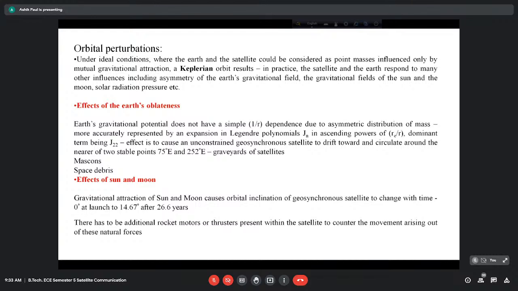Sometimes impact with them could be quite fatal for these satellites. So the energy source within the geosynchronous satellite gradually gets reduced.